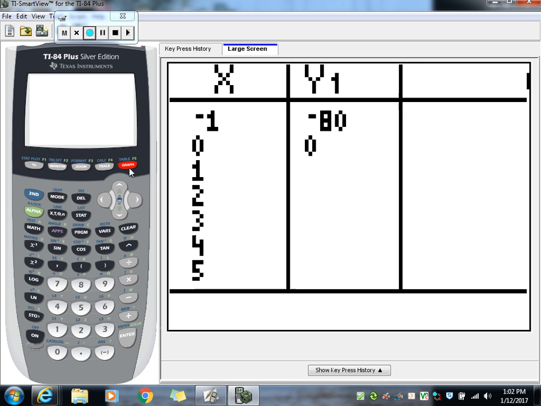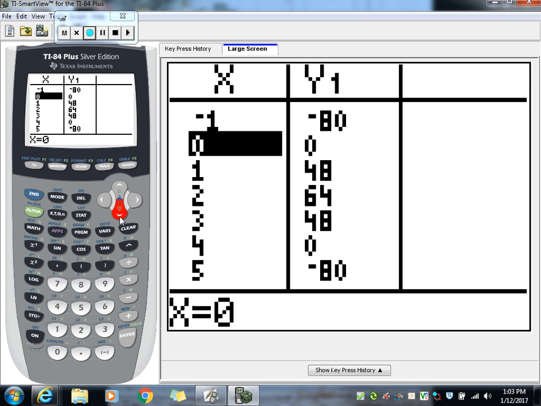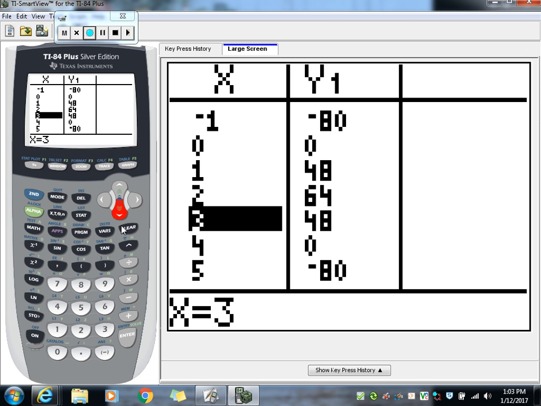So let's look at our table. Now for our table, what we're going to copy down is from where x is 0 to where x is 4. Because with our time, we can't have a negative time, so that's why we can only start at 0. And I want to stop at 4 because that's when my y reaches a 0 once again.